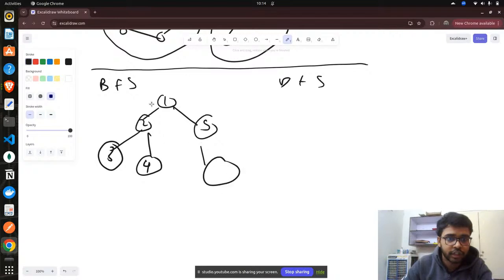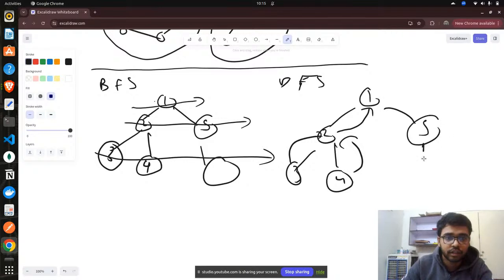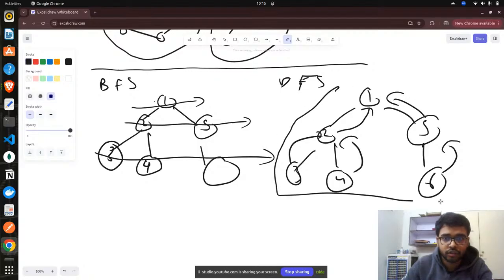With BFS, if we start from 1, then we will move breadth first, this way and this way. If we move with respect to DFS, then we will move from 1, then 2, then 3. Then we come back to 2, then move to 4. Then we come back to 2, then back to 1, then go to 5, then go to 6, then come back to 5 and back to 1. So this is the DFS way to traverse, and this is the BFS way to traverse.